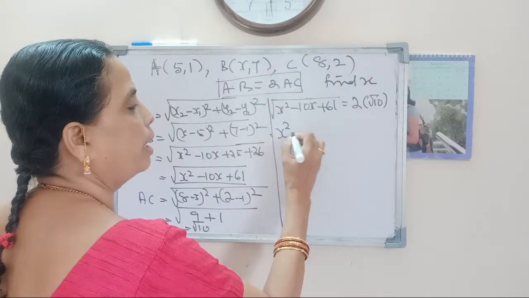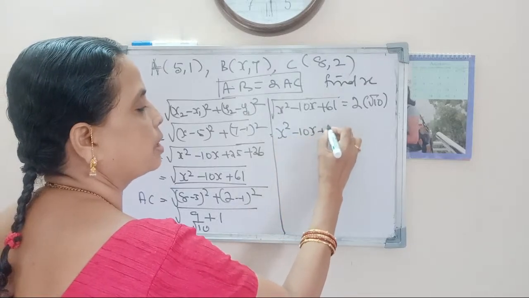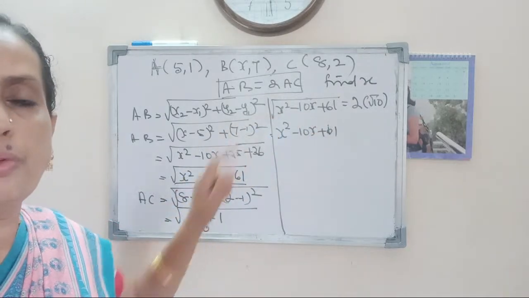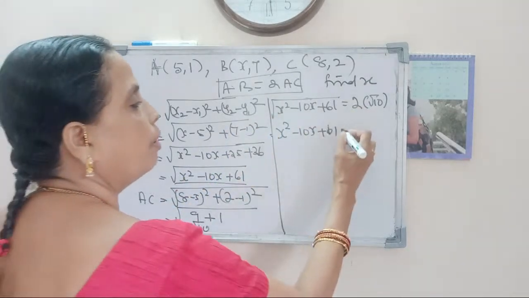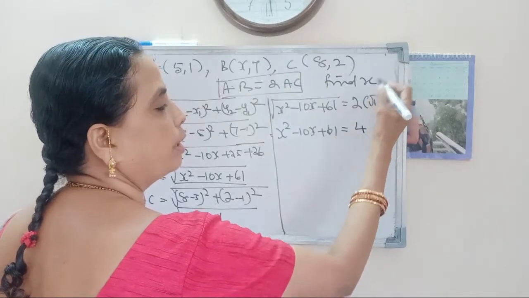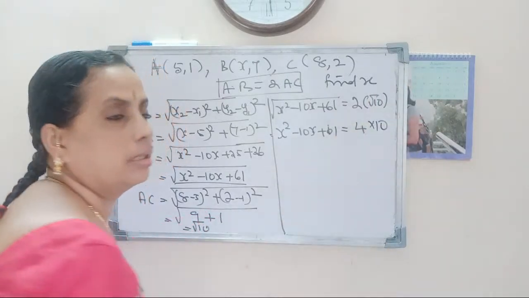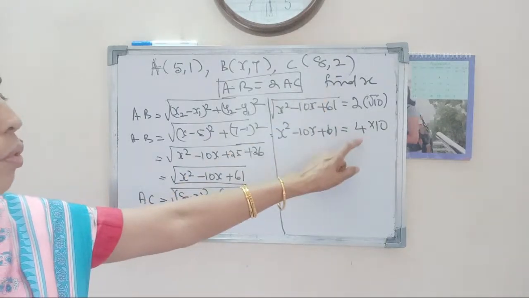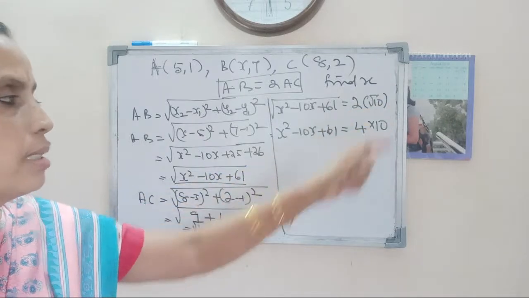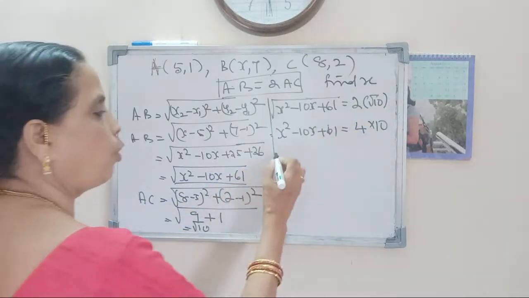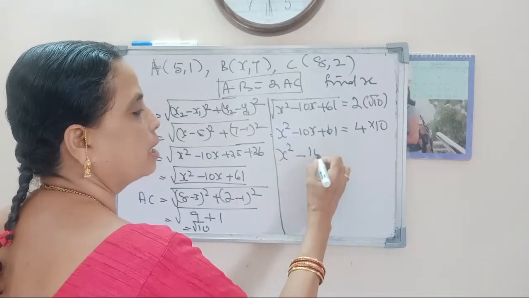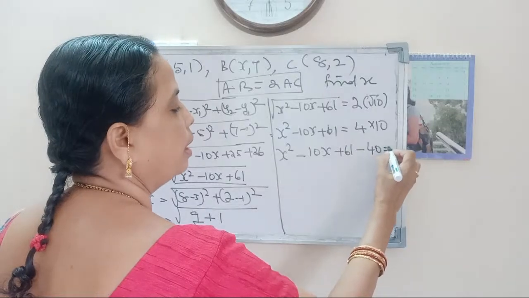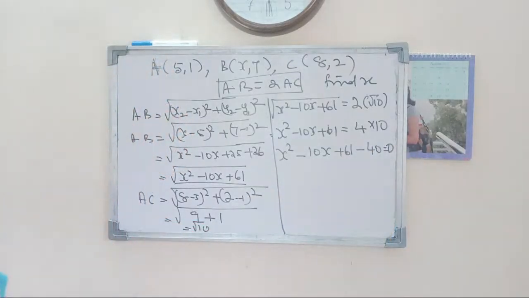Therefore, x square minus 10x plus 61, when I square, that whole square in this root will get cancelled. Now 2 will become 2 square, root 10 will become 10. Is it clear? 2 square is 4, root 10 square is 10. Now what you get? x square minus 10x plus 61 minus 40 equals 0.